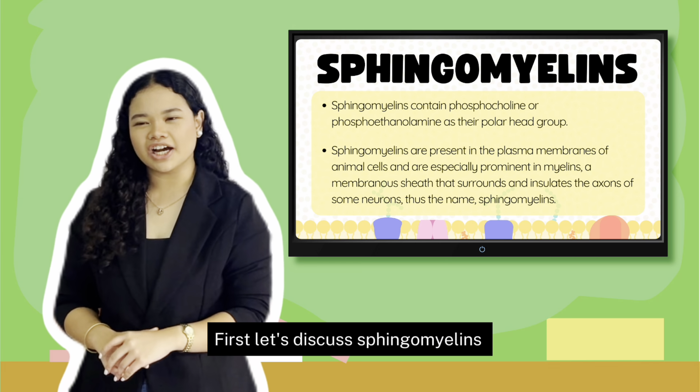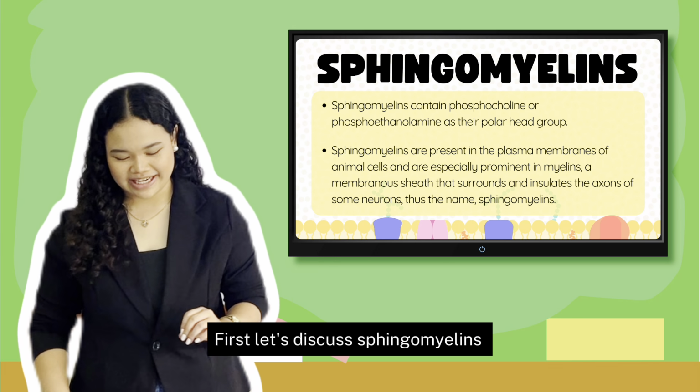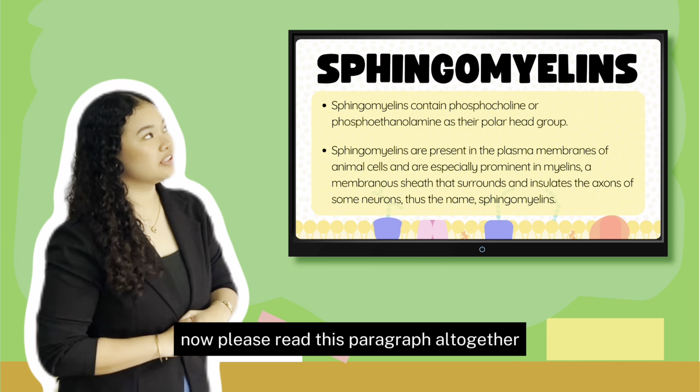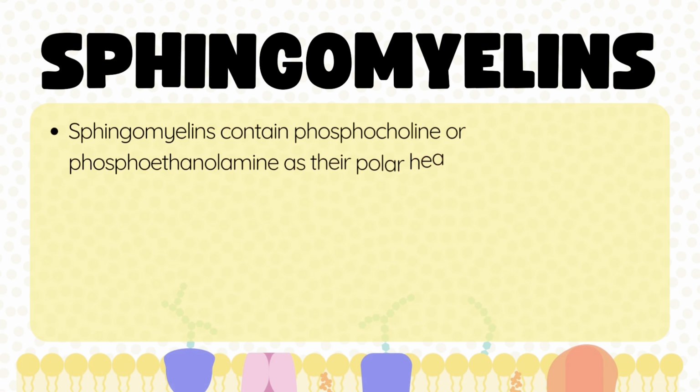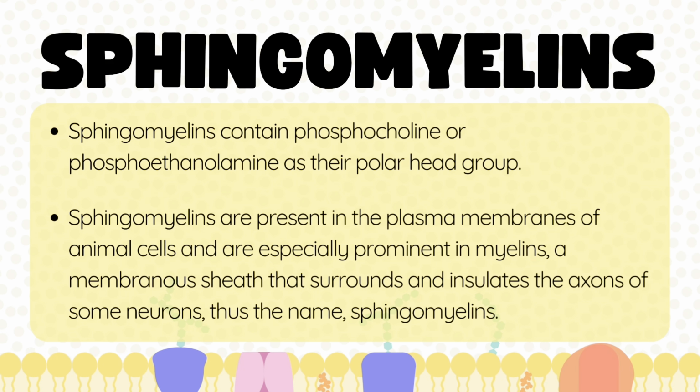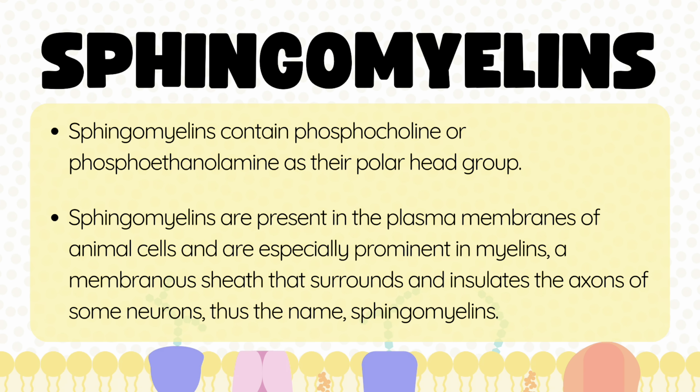First, let's discuss sphingomyelins. Now, please read this paragraph all together. Sphingomyelins contain phosphocholine or phosphoethanolamine as their head group. Sphingomyelins are present in the plasma membranes of animal cells and are especially prominent in myelin, a membranous sheath that surrounds and insulates the axons of some neurons, thus the name sphingomyelins.